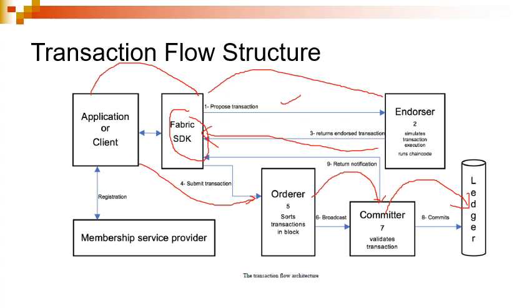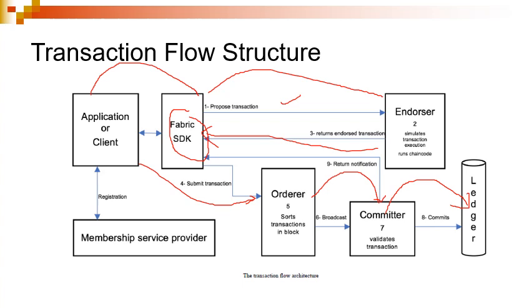They communicate with the endorser through the Fabric SDK. The endorser simulates and executes the transaction, and then returns it to the application, and the application will resend that transaction to the orderer node, which will sort the transactions.